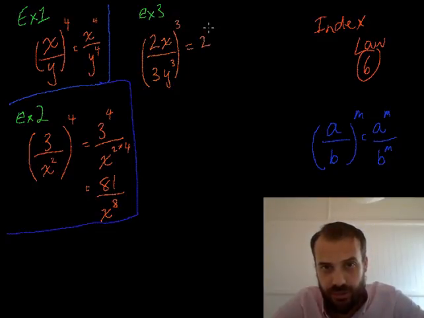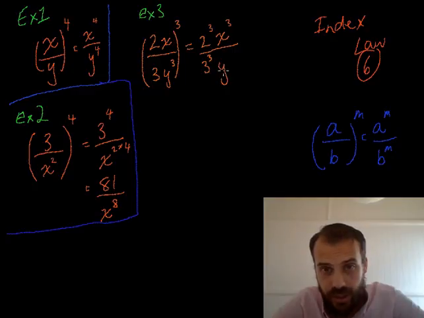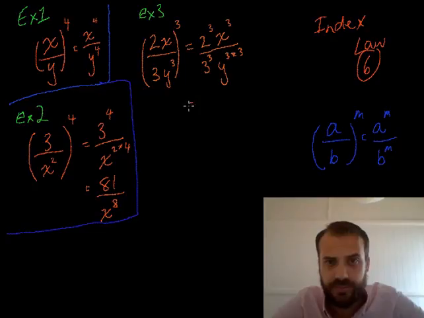So that's going to be 2 to the power of 3 and x to the power of 3. And then on the bottom, the same thing is going to happen. It's going to be 3 to the power of 3, and it's going to be y to the power of 3, to the power of 3. That's going to be y to the 3 times 3.